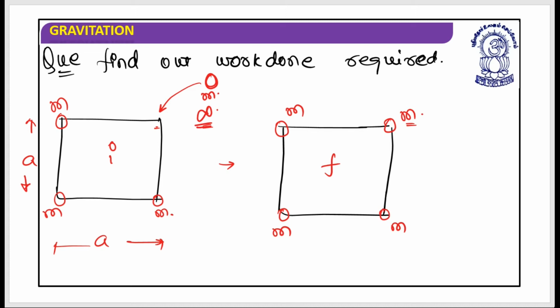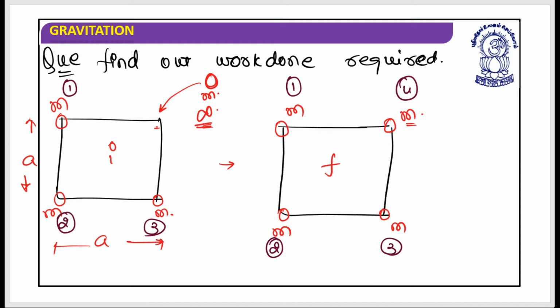Let's give them numbers and we will have certain hints: first, second, third. Initially there are only three bodies because this one was at infinity, and potential energy at infinity is considered zero. So these three masses were there initially. Afterwards there would be four masses: first, second, third, and fourth.